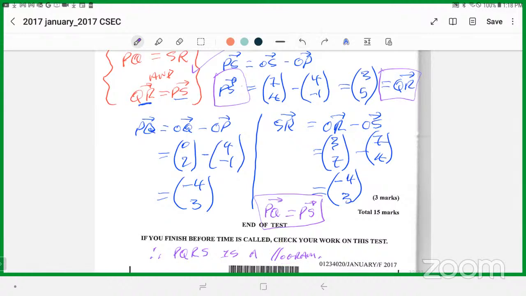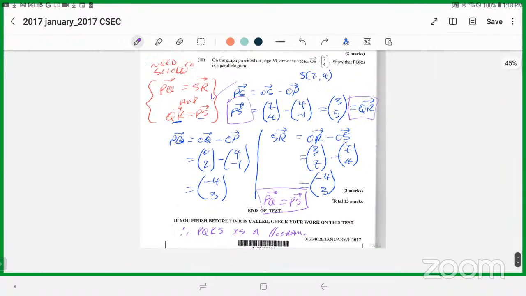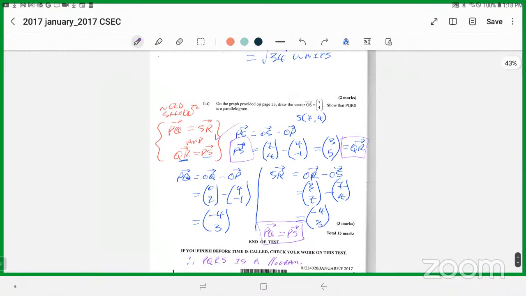It's a parallelogram. Yes, sir. When a question asks to show that a quadrilateral is a parallelogram, you have to show that the opposite sides are equal vectors. Because when they are equal vectors, they are equal in length and they are also parallel. Equal vectors have the same magnitude and the same direction.